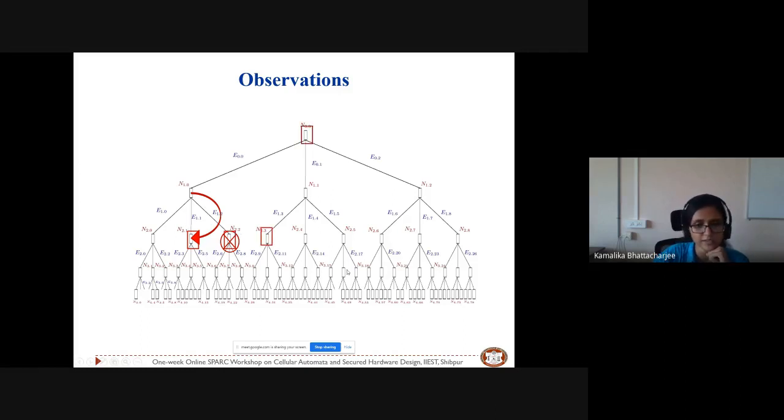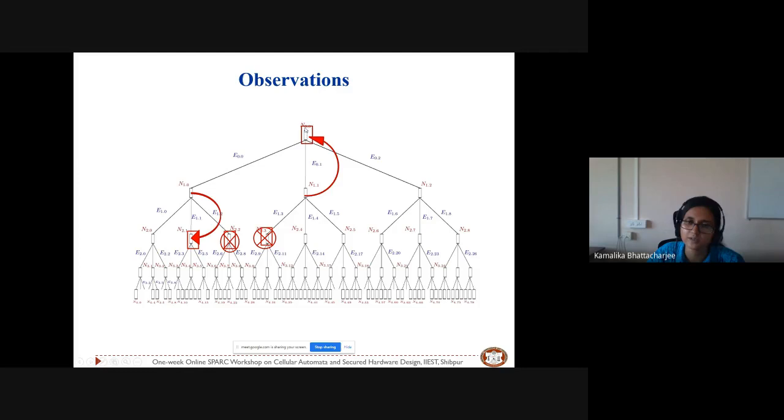Similarly, it might happen that, say, this node n2.3 and n0.0, this root and this node, are similar, but they are not in the same level. In that case, what can we do? Obviously, this node was developed first, so we can just discard n2.3, and to keep track of this edge, we add one link from the parent of this n2.3, that is from n1.1, to the duplicate node that was generated before.